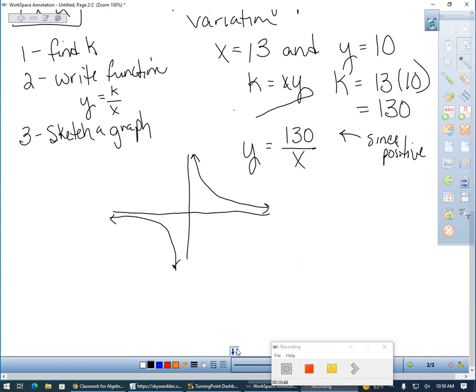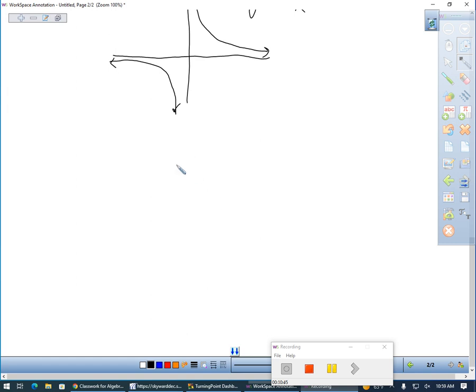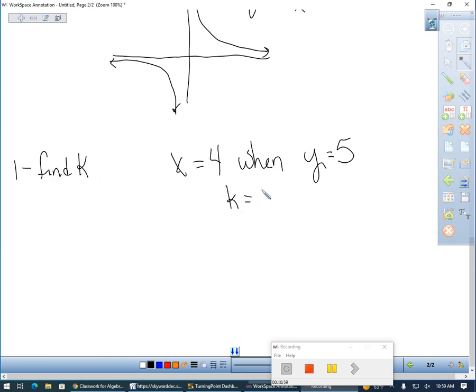Let's try one more, very, very similar. So let's say that x equals 4 when y equals 5. So first, step 1, find k. So k equals 4 times 5, or 20. Step 2, write the function. So y equals 20 over x.